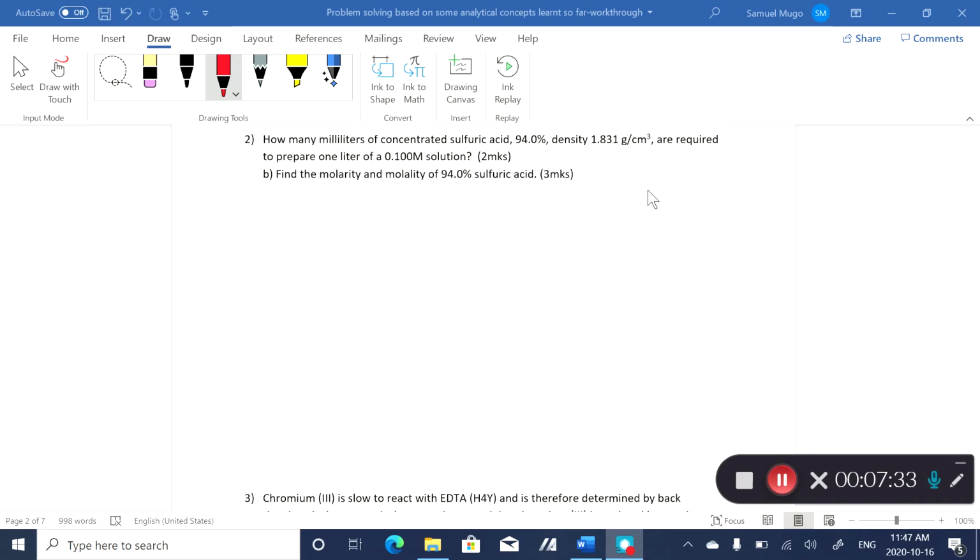You see, the problem here is you've got the concentration in percent, and so you need to convert that concentration into molar concentration, so that you are able to do the dilution.